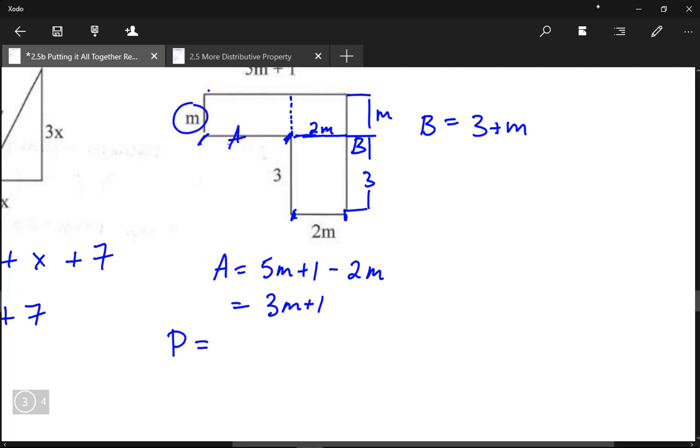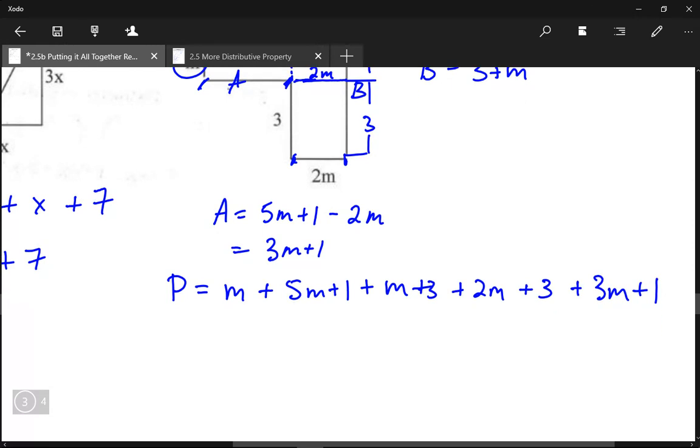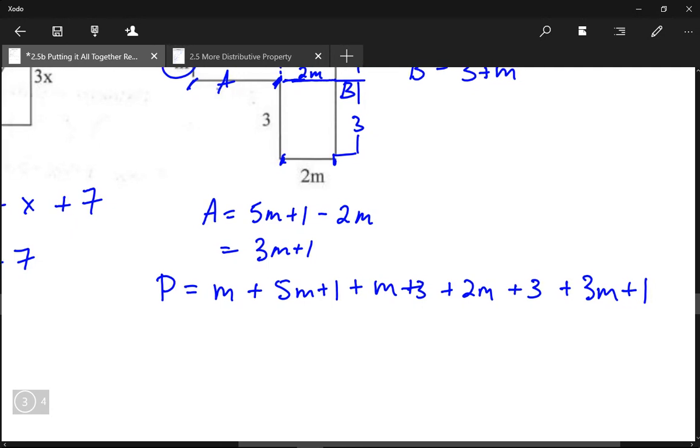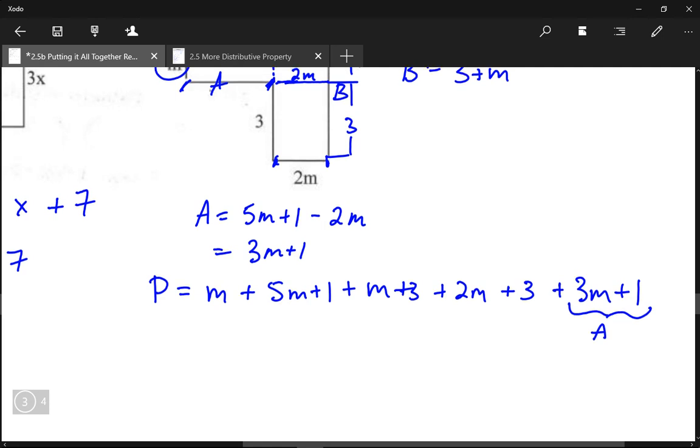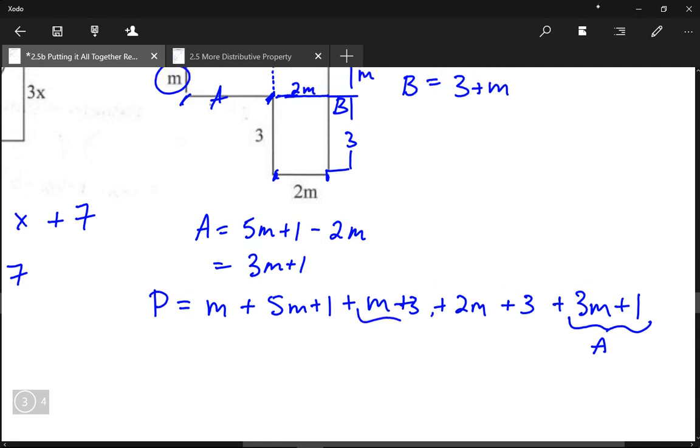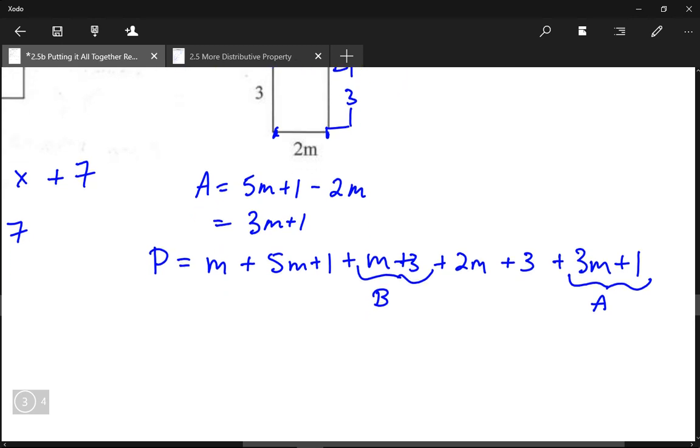Starting from m here on the left, going clockwise: m plus 5m plus 1 plus m plus 3 plus 2m plus 3, and my A value is 3m plus 1. So this part here is my A, and m plus 3, my B part, is here. Everything else is given on the diagram.